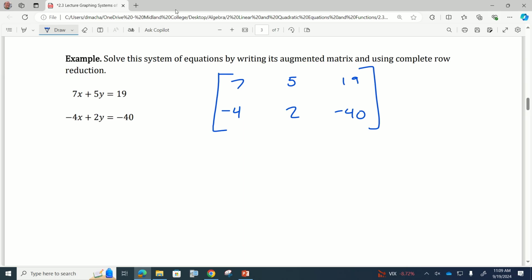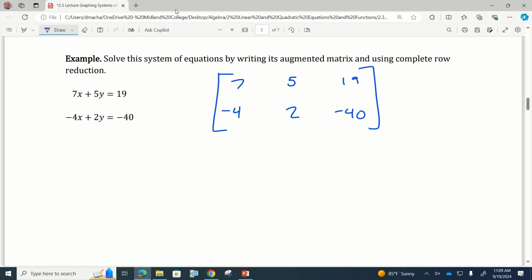Another way you might sometimes be able to get a 1 is you could divide the top row by the number 7. Okay, 7 divided by 7 is 1. But I don't want to do that in this case because I would get 5 divided by 7, which is a fraction, and I would get 19 over 7, which is a fraction. And I don't want to have to deal with fractions.